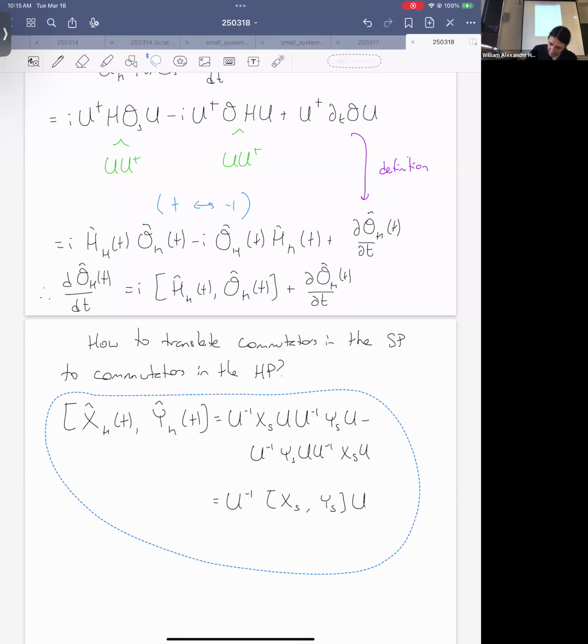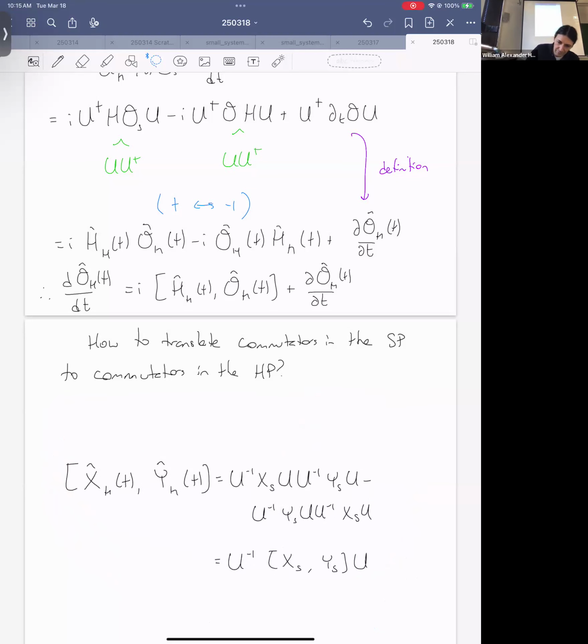And I'm sorry, I missed an important previous step. So suppose that the commutator of X operator in the Schrödinger picture with Y operator in the Schrödinger picture is equal to Z operator in the Schrödinger picture.